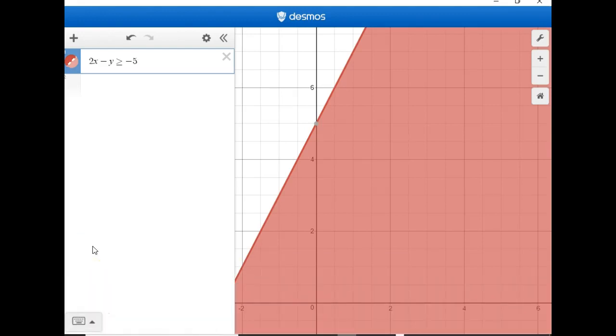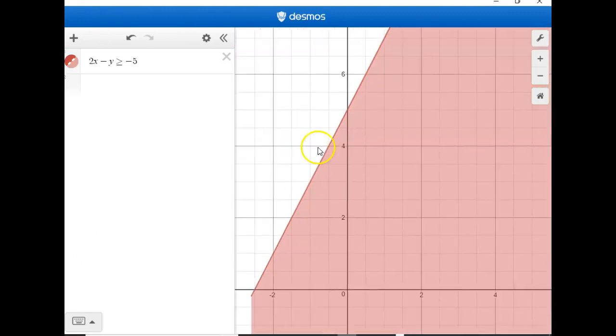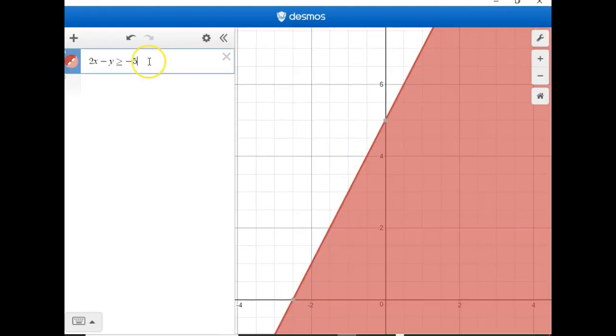Okay. On the graph, you can see that the function is shaded below, even though we have a greater than or equal to symbol. And that's because this function has an x and a y on the same side. So if y was left by itself, you would have the opposite symbol. Desmos graphs it for us, so we don't have to work it out.